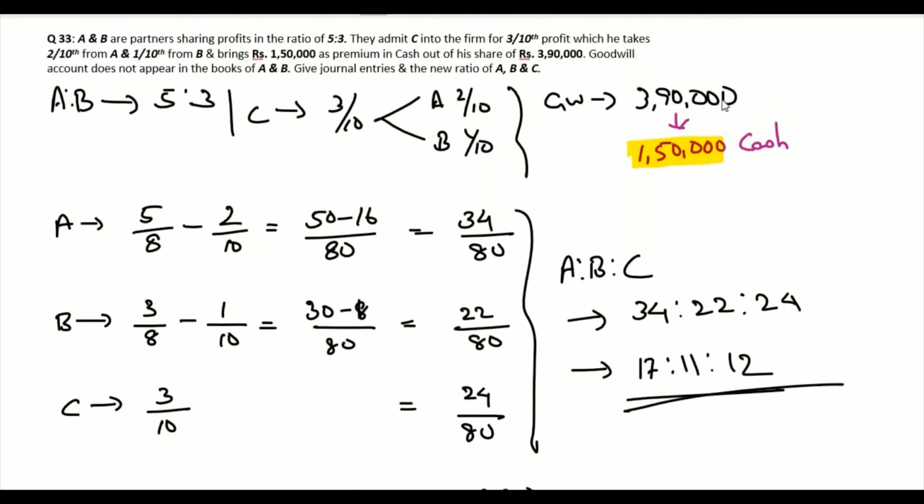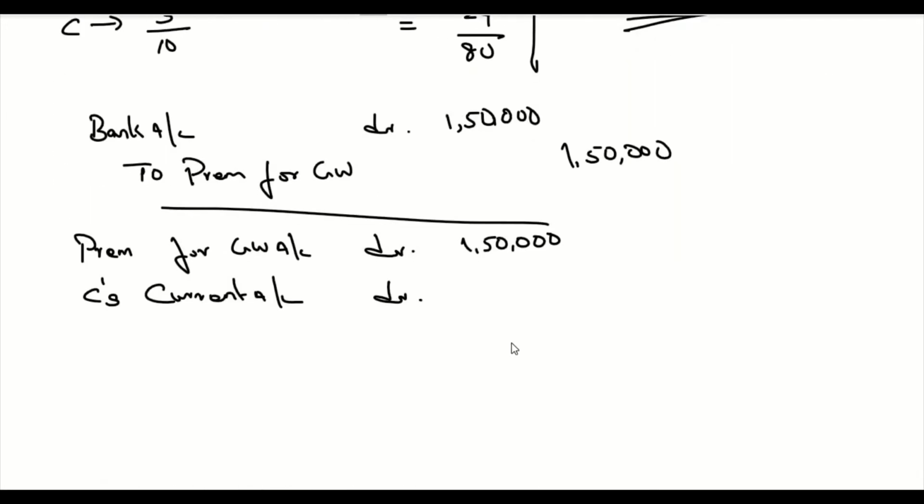We have 3,90,000 in total. 3,90,000 minus 1,50,000, it's going to be 2,40,000. So C's current account 2,40,000 to all partners.